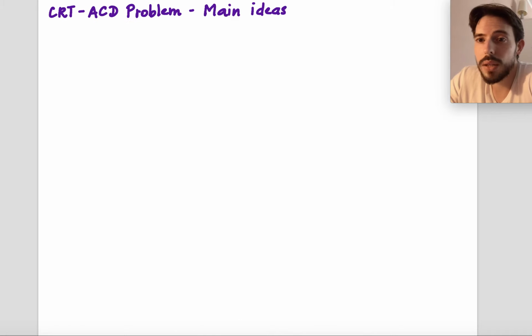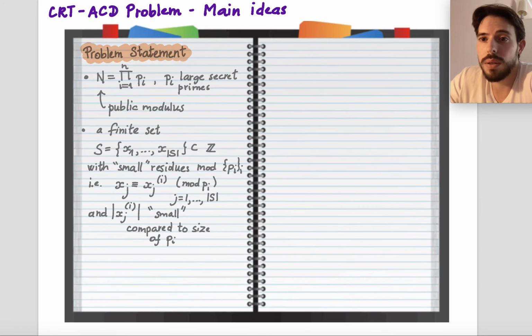So I will now pass to more details concerning this first application, that is the Chinese remainder-based approximate common divisor problem, and I would like first to recall the statement in its more precise terms. So I denote here by capital N a public modulus, which is composite, made of several prime numbers p_i, of which you can imagine the size to be so large that direct factorization of capital N would fail in any efficient way.